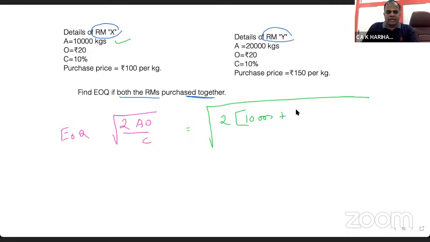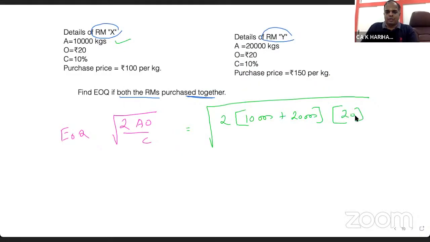And for Y, how much? 20,000. 2 into A into O. What about the ordering cost? 20 rupees for O.